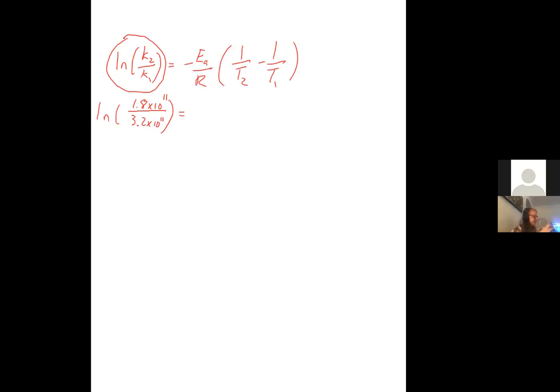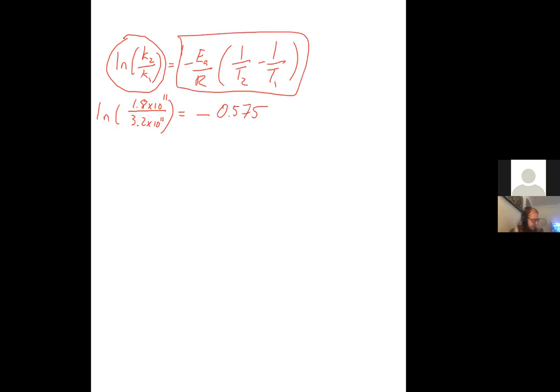You just take the ratio. So you go 1.8 times 10 to the 11 divided by 3.2 times 10 to the 11. And you just take the natural log of that ratio. So you're going to get minus 0.575. Okay. Now that's equal to what we have over here, right?